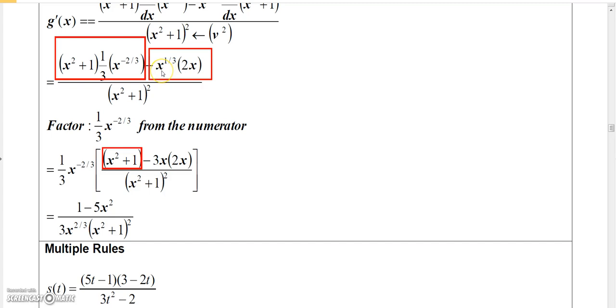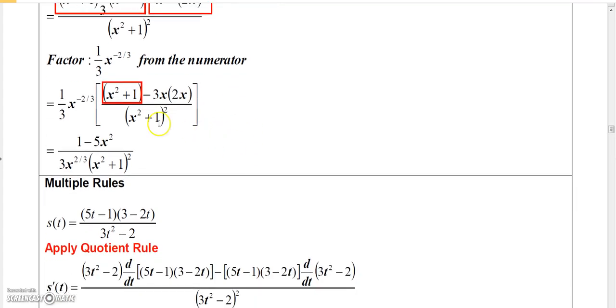And if you divide x to the 1/3 by x to the negative 2/3, that's the same as multiplying it by x to the 2/3. And then if you take x to the 1/3 times x to the 2/3, you just get x. So in short, when you factor 1/3 x to the negative 2/3 out of here, you'll get 3x times 2x, and you still have the minus there. Now, this is x squared.